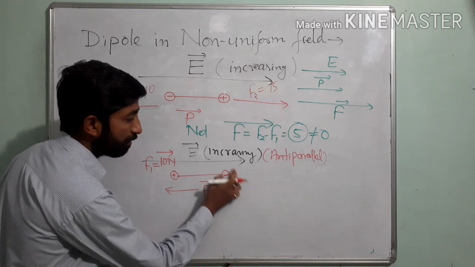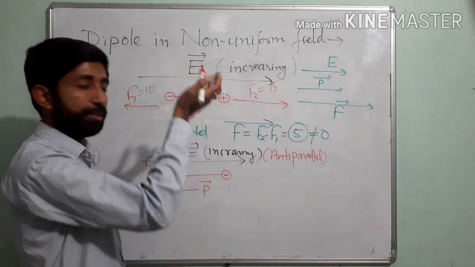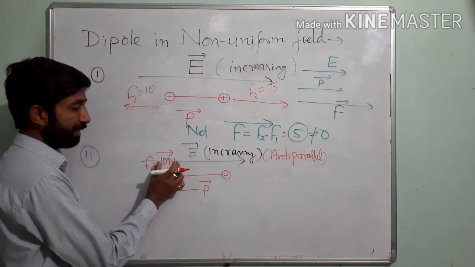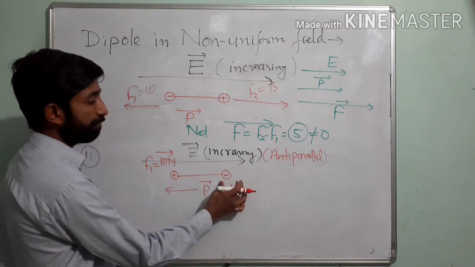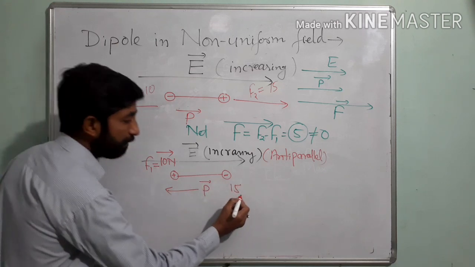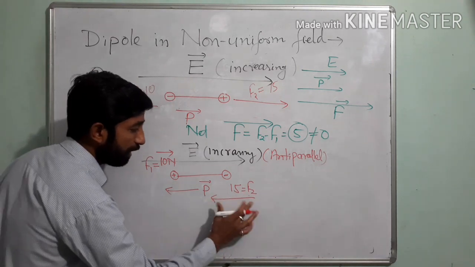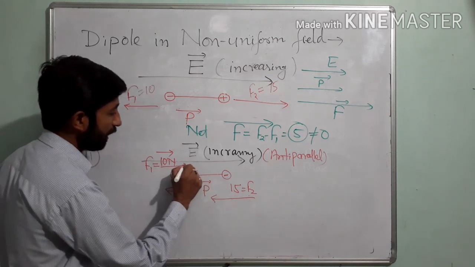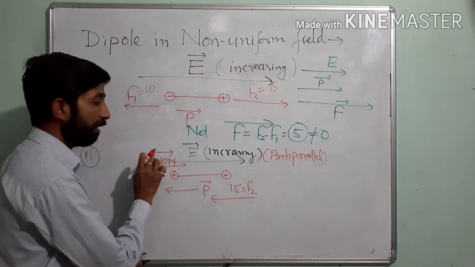Now here the charge is negative and the electric field has a larger value. If the electric field is larger, then the force will obviously be more than this 10 Newton. Again consider this is 15 Newton. But this 15 Newton will be opposite to the direction of the field. This is my F2, denoted by a longer arrow, and this is a smaller arrow. So this force F2 will now be more than F1.